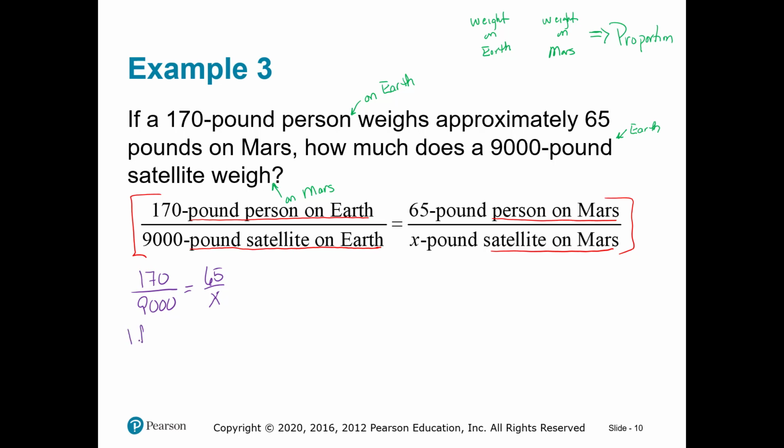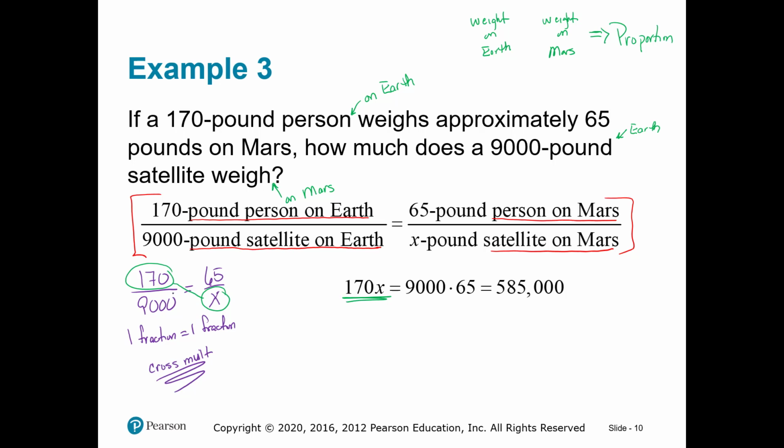Because I have one fraction equaling one fraction, I can use this cross multiplication that we talked about in the previous slide. I can use this, which means I would take the 170 and go across the equal to sign and multiply by x. And then I would take the 9,000 and go across the equal to sign and multiply it by the 65, which gave them this 585,000.